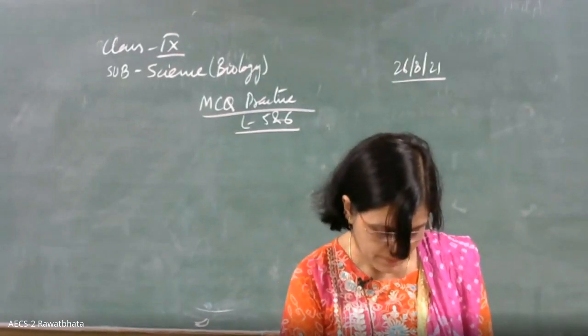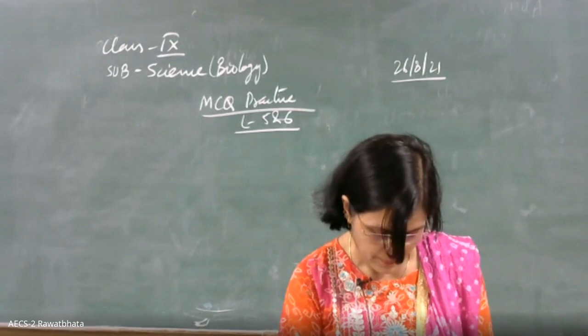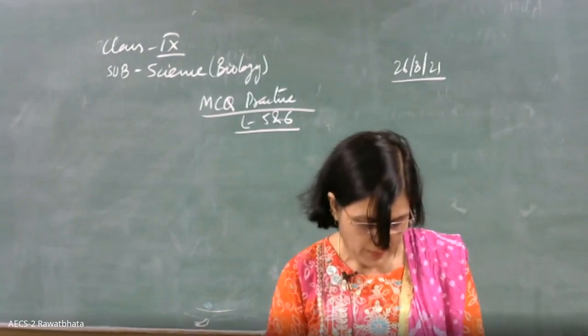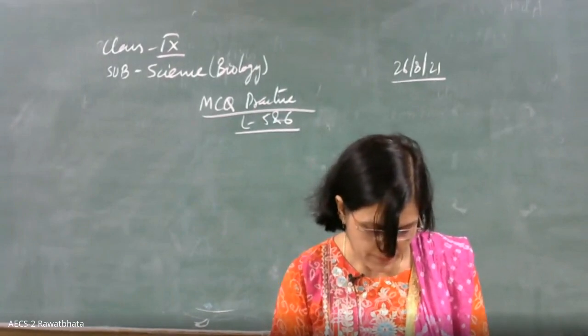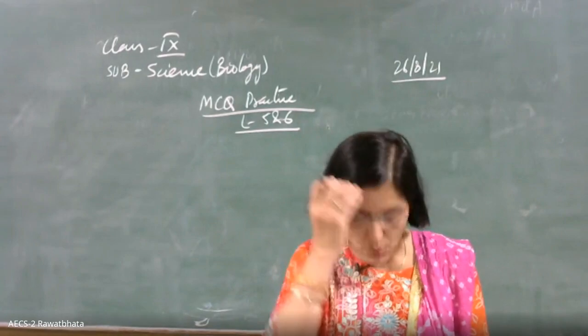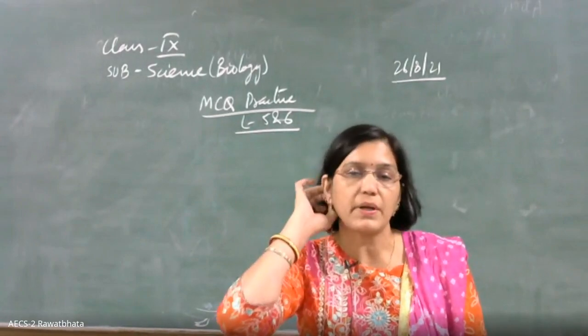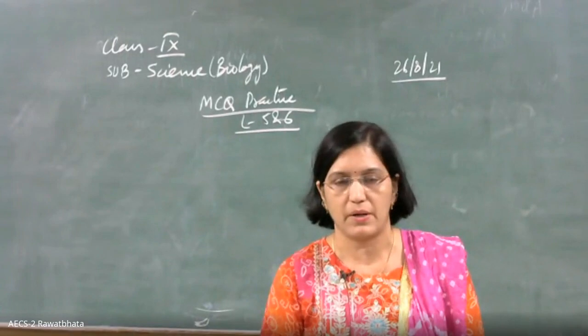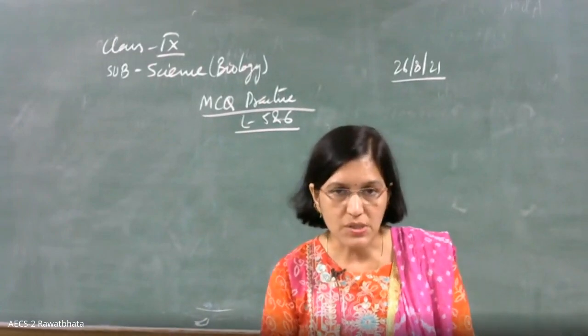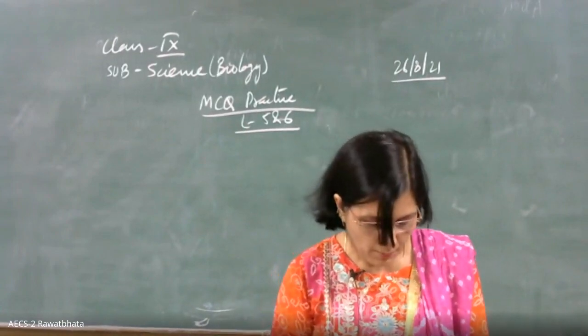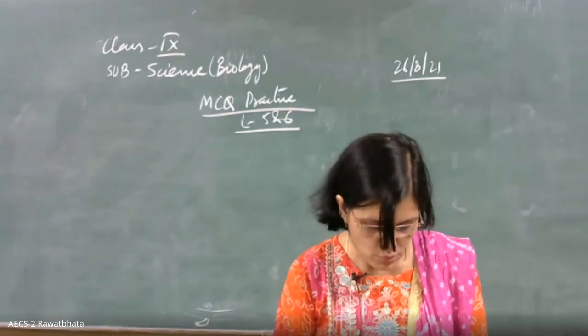Next question. Example of cell organelle which does not have a unit membrane. The options are mitochondria, lysosomes, ribosome, plastid.